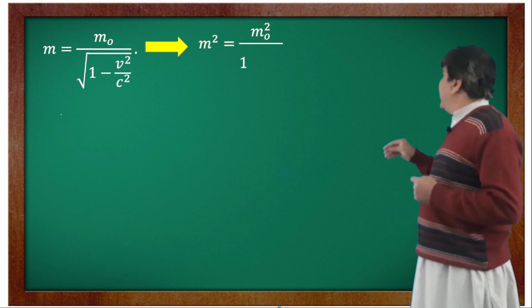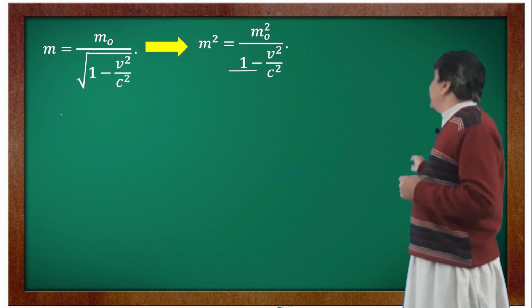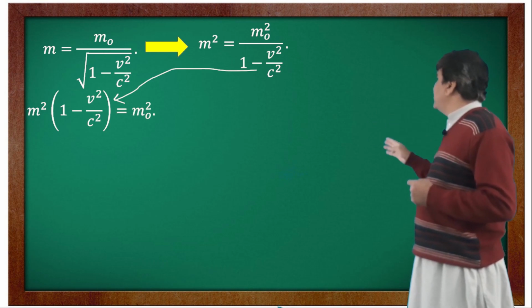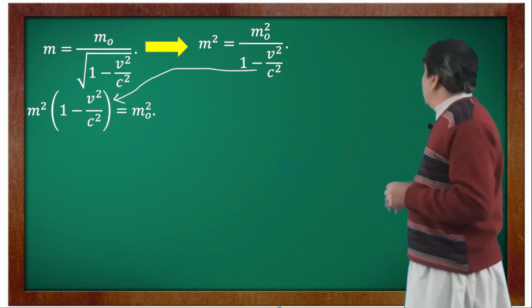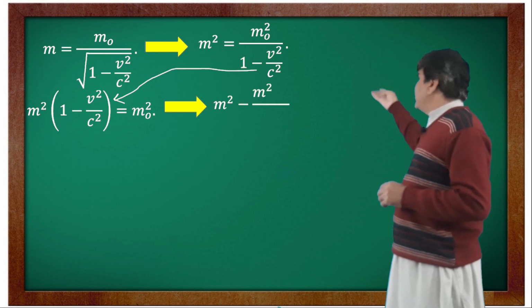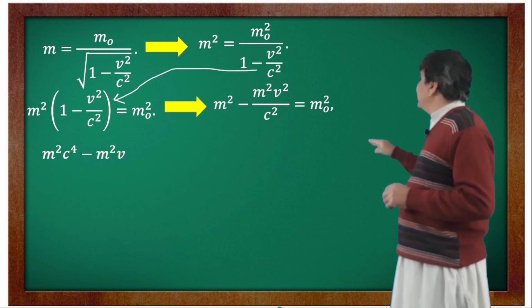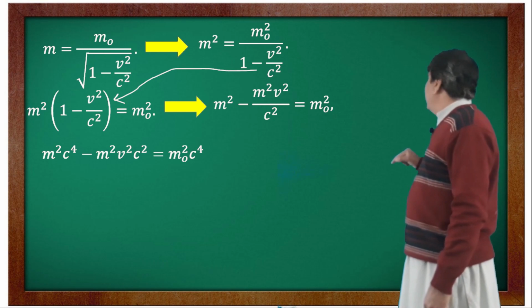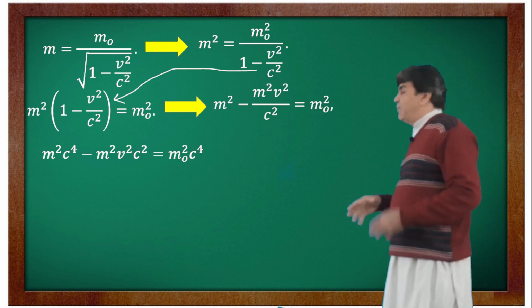Squaring this equation, we can write m squared equals m0 squared divided by 1 minus v squared over c squared. Taking the denominator of the right side to the left side, we can again write it as m squared times (1 minus v squared over c squared) equals m0 squared. Removing the brackets, and then multiplying each term with c to the power 4, we can write m squared c^4 minus m squared v squared c squared equals m0 squared c^4.